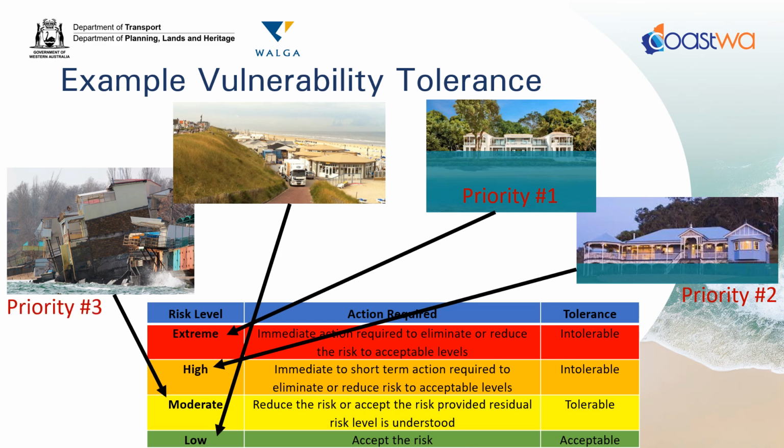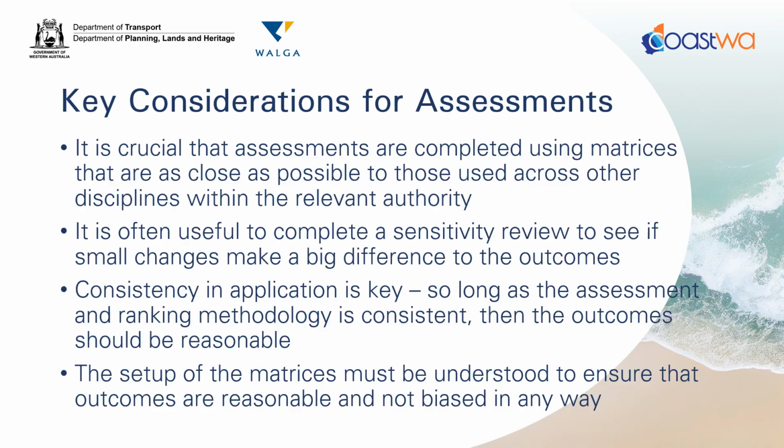Priority number 3 would be around coastal erosion of a traditional slab on ground house, and there would be no priority for the 4th example of those transportable houses because the level of vulnerability is low and is therefore acceptable. So those examples conclude the assessment of the vulnerability and the risk treatment.